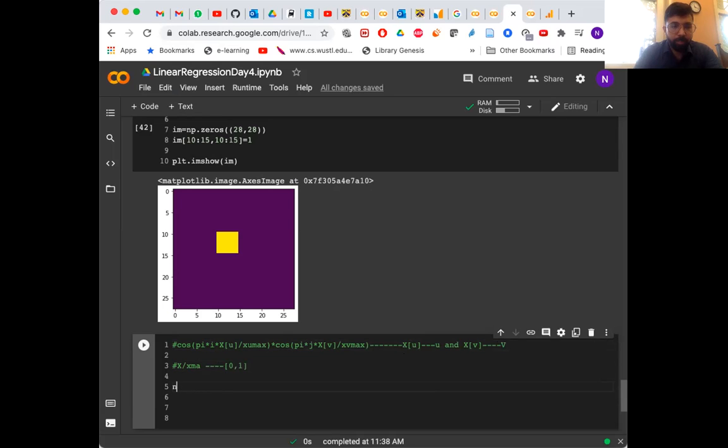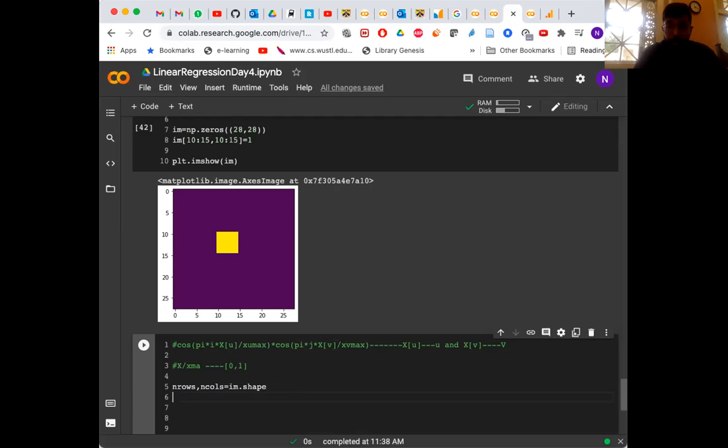Let's call it n rows and n cols, the number of rows and columns in the image, im.shape. Now we have to produce x by x max, which is from 0 to 1, and of course it has number of rows and number of columns.